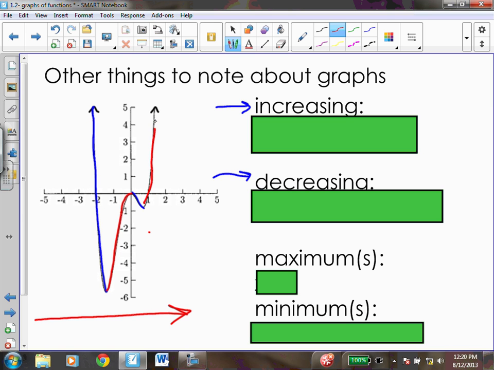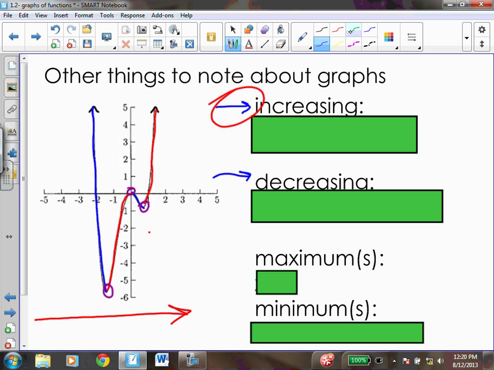And then finishes going up. Sometimes it's easier to find the intervals of increasing first and then do the decreasing. Now, at this point right here, here, and here, these are maximums and minimums, which we'll cover in a second, but the graph really isn't increasing or decreasing at that point. It's changing direction.